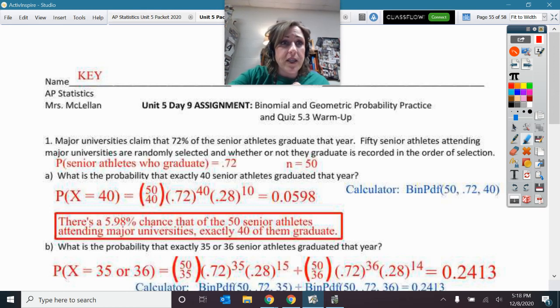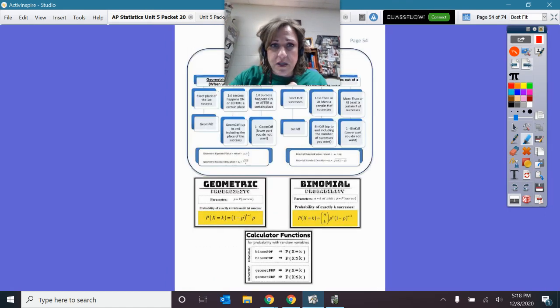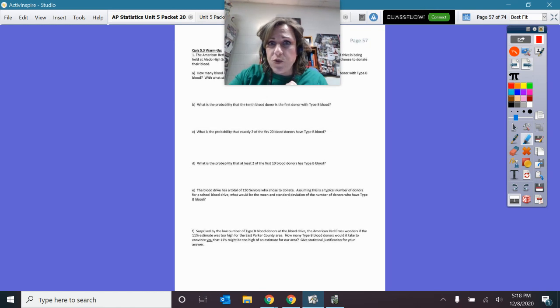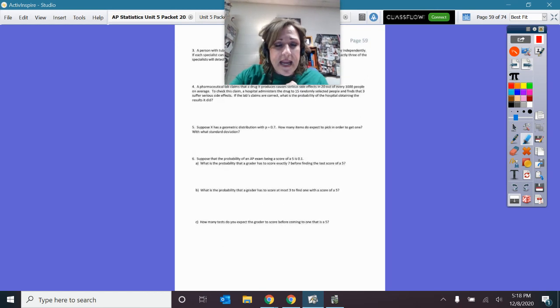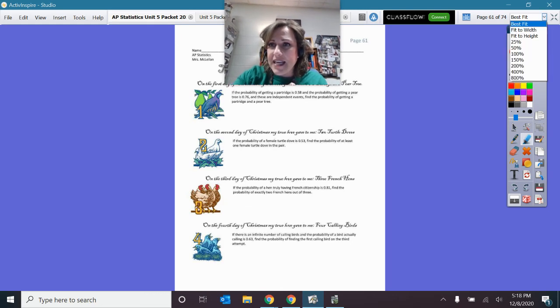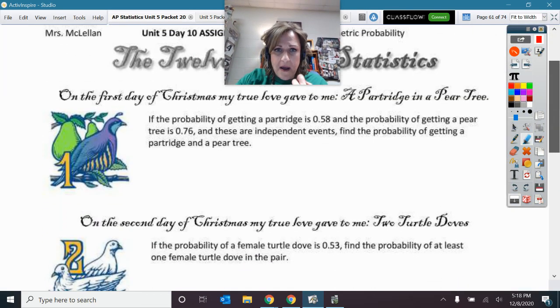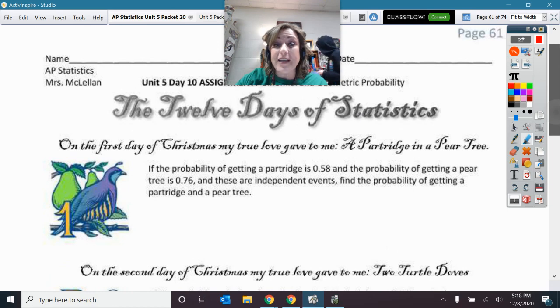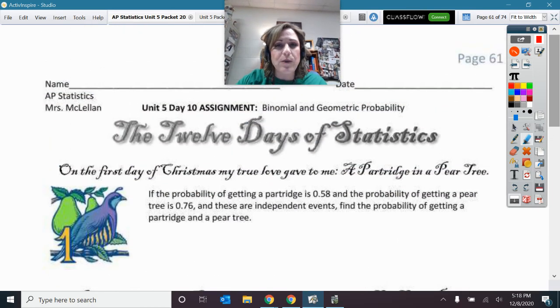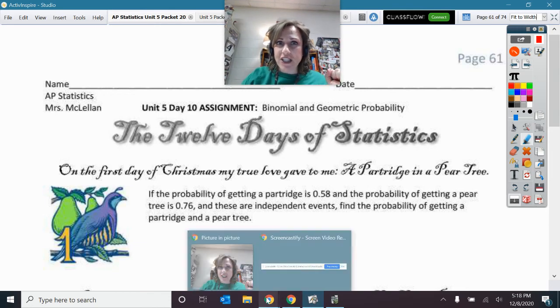After that you'll also be doing this one, which will mix everything all up, and that is this 12 days of statistics. So that'll be fun. Yeah, tomorrow. Okay, 12 days of statistics, see how you do on that, and then that puts it all together before our quiz over binomial and geometric probability. All right, good luck to you on the homework.